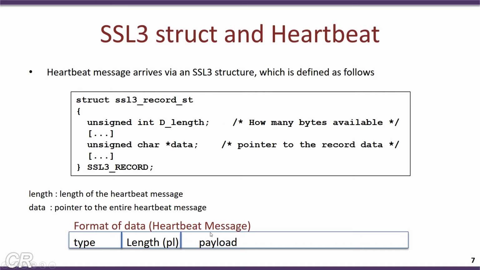Now notice that we have two lengths that are involved in this particular Heartbeat message. One is the D length. This D length is defined in the outer structure, and the second one is the payload length, which is essentially part of the Heartbeat message, which is part of the data defined over here in the SSL3 structure.